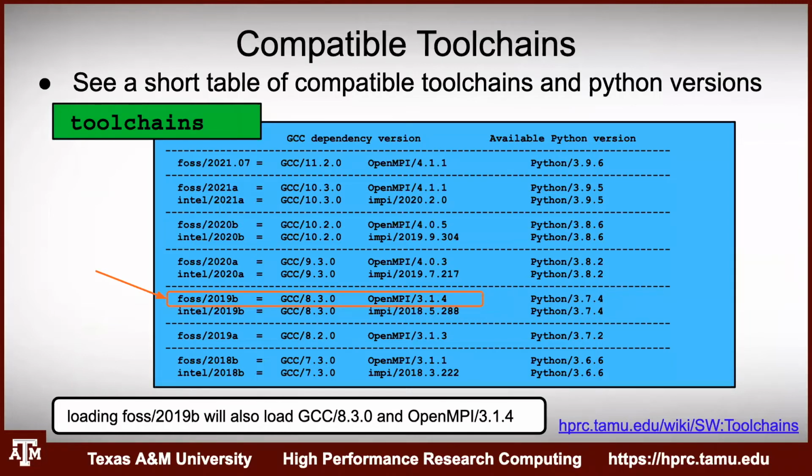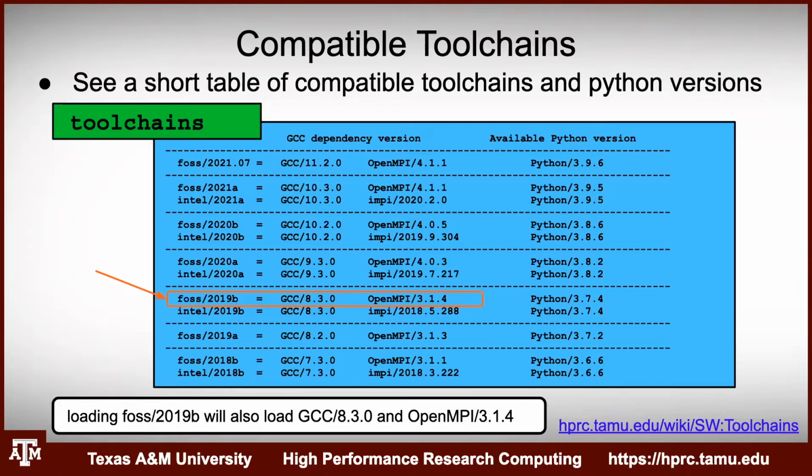So there are different toolchains available on Grace. These load different GCC compilers and/or different MPIs and combinations of those. I think this one right here, FOSS 2019B, is the toolchain where a lot of the bioinformatics tools use.